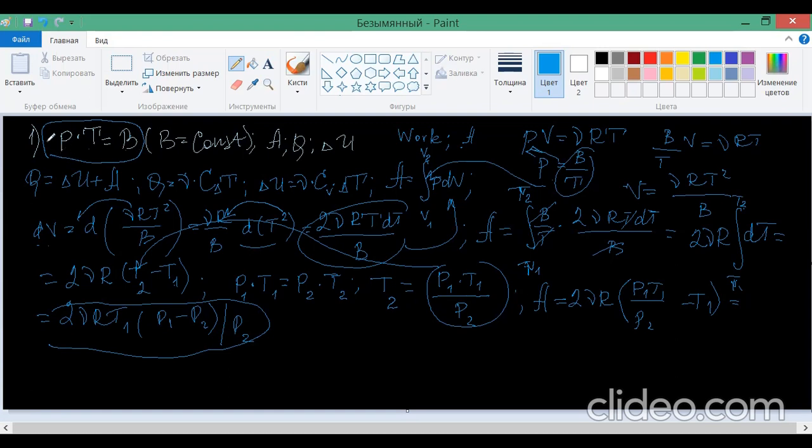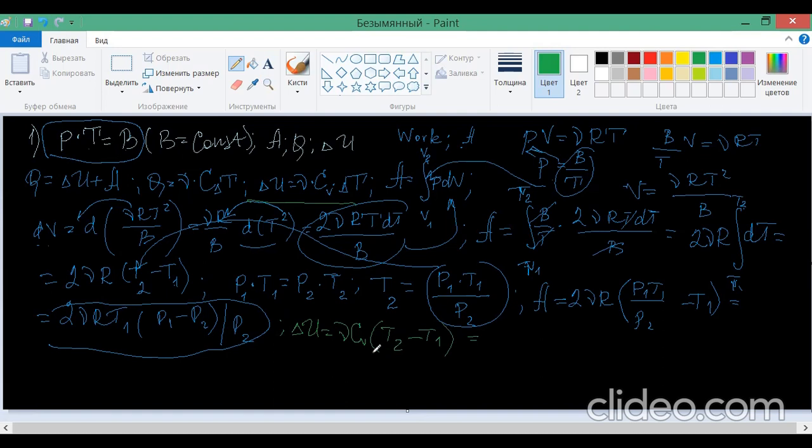As for the change in internal energy, it's very easy to do. We've got this formula. Yes, here it is. So T sub 2 minus T sub 1.